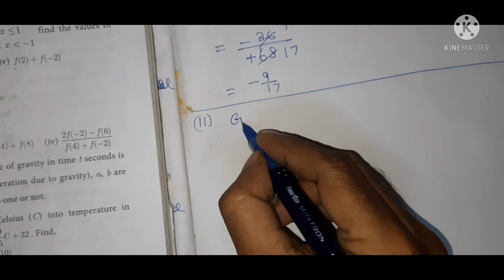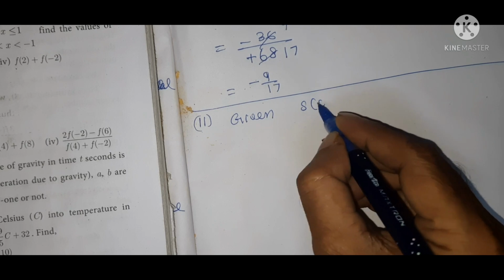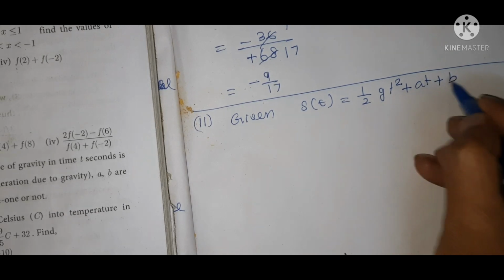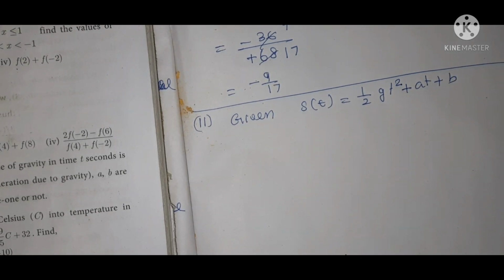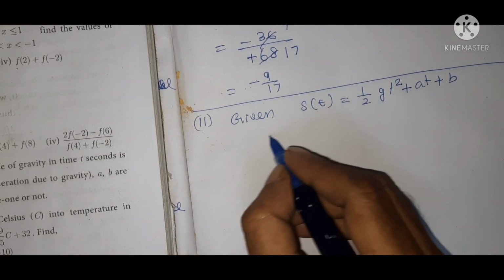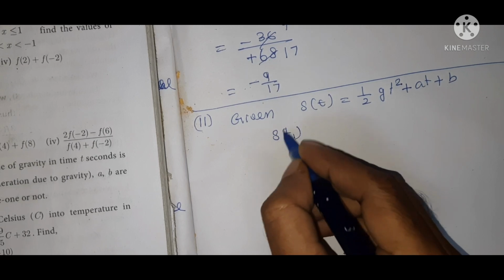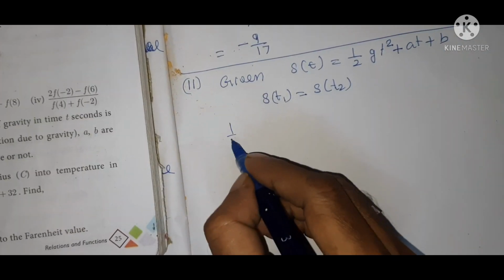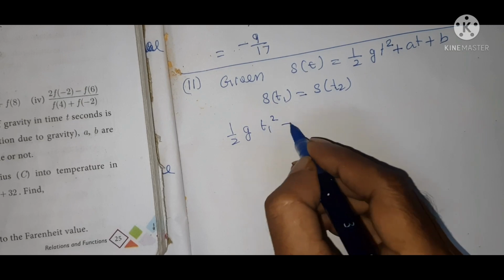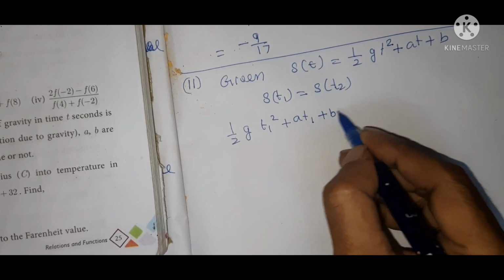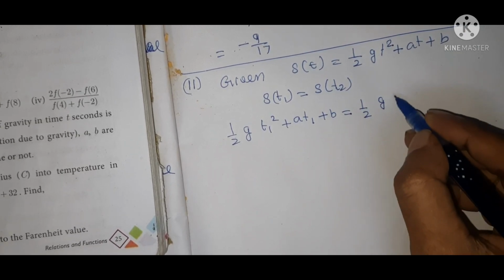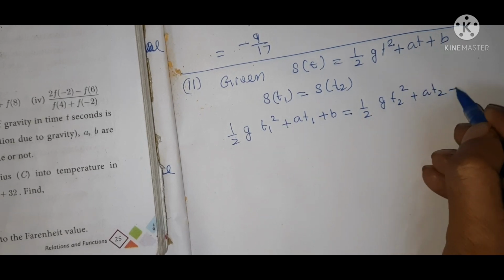11th sum. Given function s of t is 1 by 2 gt square plus at plus b. Verify s of t is one-one or not. S of t1 is equal to s of t2. Half into g t1 square plus at1 plus b is equal to half into g t2 square plus at2 plus b.